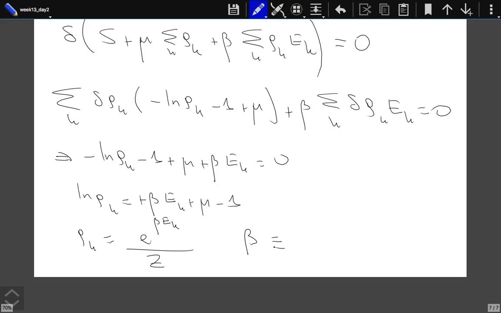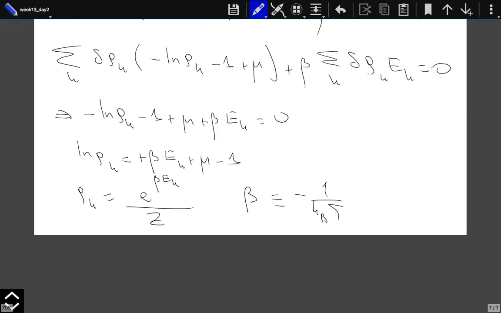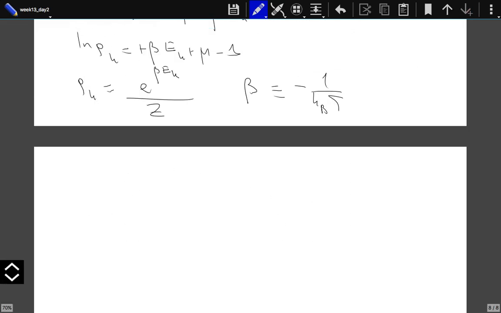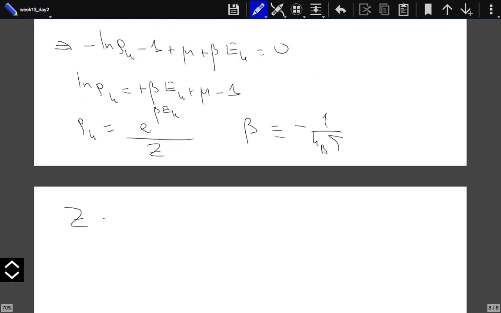And beta, in statistical physics, you identify with 1 over the Boltzmann constant times the temperature. And this z is nothing but sum over k of e to the power of minus E k over k B times T.